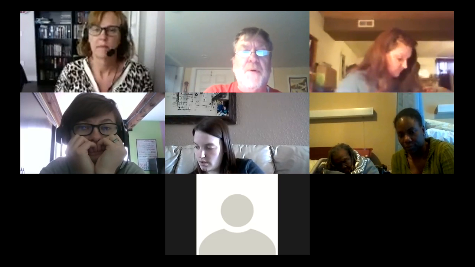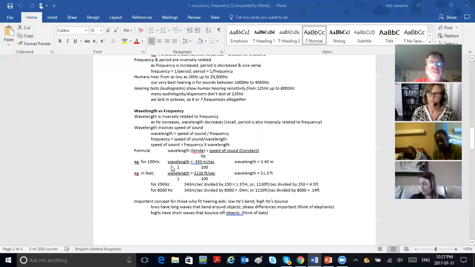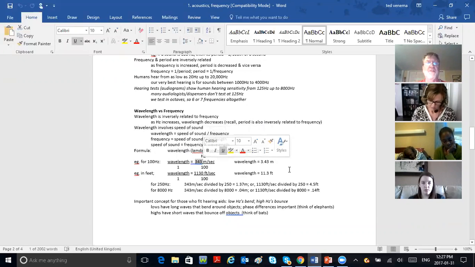The desktop. Okay, wavelength. Let's do 100 hertz. Don't worry about wavelength, lambda, whatever the heck that is, that's just Greek. But the speed of sound is constant. In air, it's 340 meters per second. If you want to get exact, 343 meters per second. Here it is. 343.